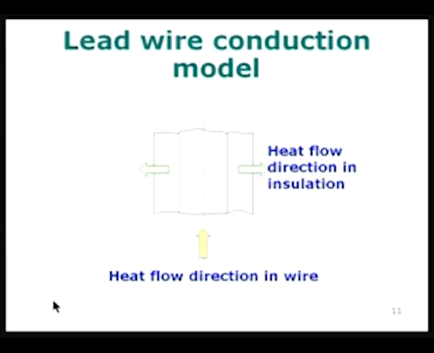So, the analysis which we are going to present in the next lecture, because there is not enough time in this lecture, will be to model the heat transfer which is essentially axial in the wire and radial in the insulation by a one dimensional analysis.